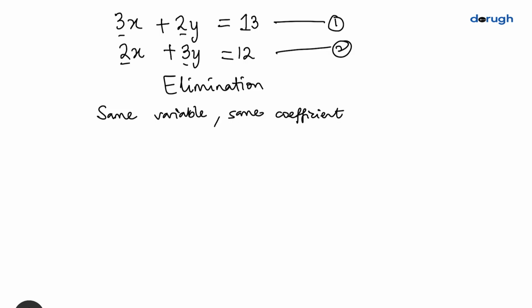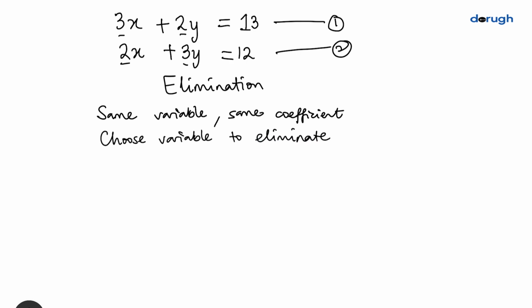It's very simple. We first have to choose what we want to eliminate. In this case, since we have to make the choice, let's say we're eliminating x.